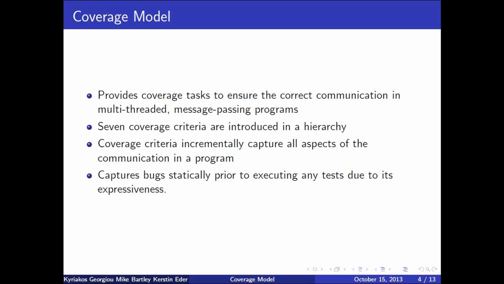The model consists of 7 coverage criteria introduced in a hierarchy, incrementally capturing all the aspects of the communication in the program. Importantly, due to its expressiveness, we were able to capture bugs statically, prior to running any test.